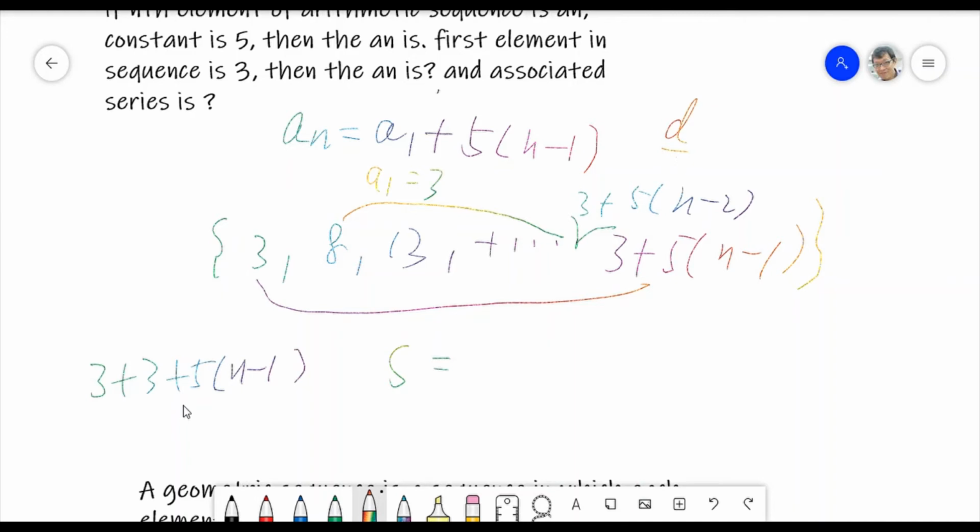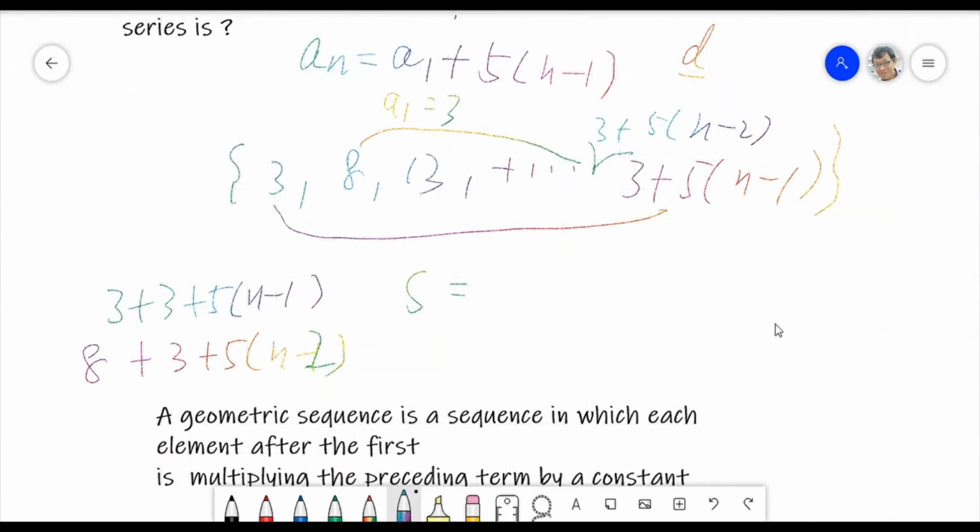The second is 8, plus 3 plus 5 times n minus 2. I feel it's better, let me change to another pencil.